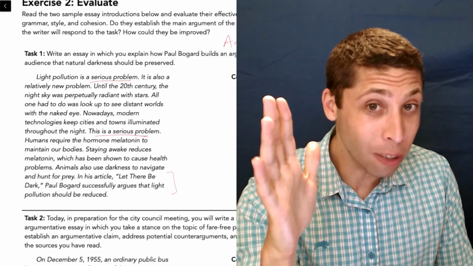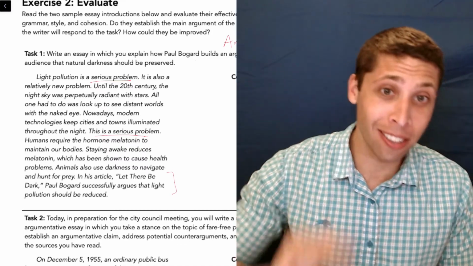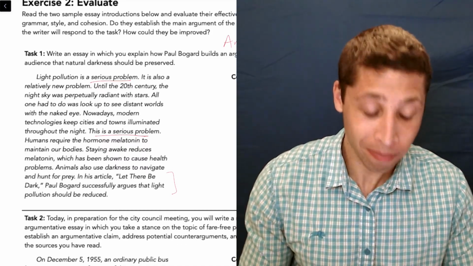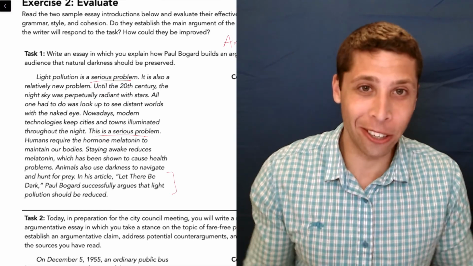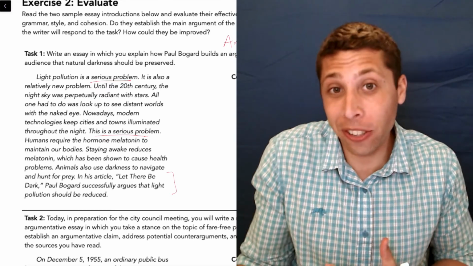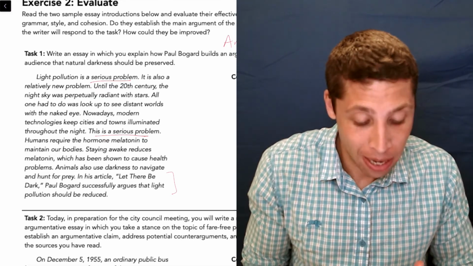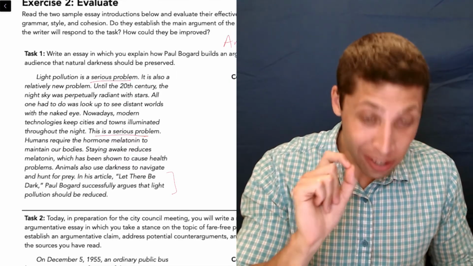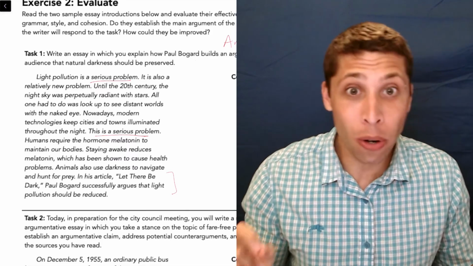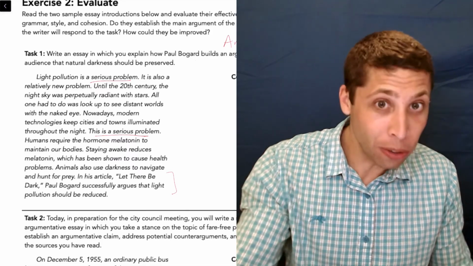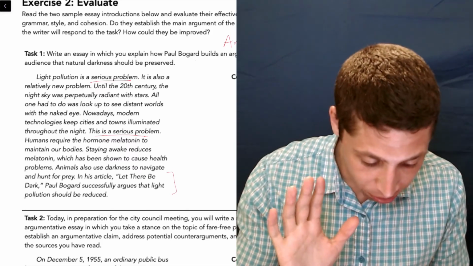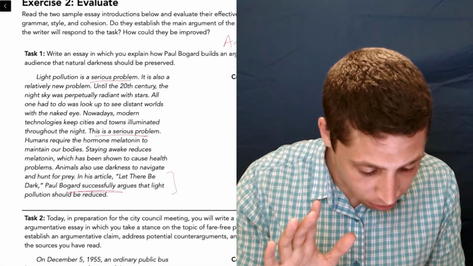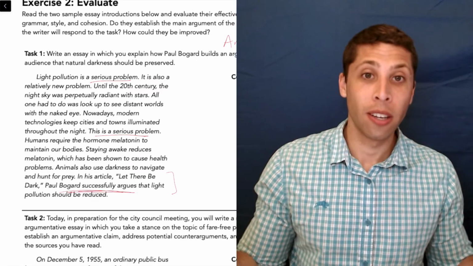So finally, we get to the task in the last sentence of this rambling introduction. And that's not good, right? We don't need it to be the first sentence, but we want it to be kind of near the top. But more important than that, notice, we're not actually saying what Bogard does to build his argument, right? We just get from this student that Bogard successfully argues.